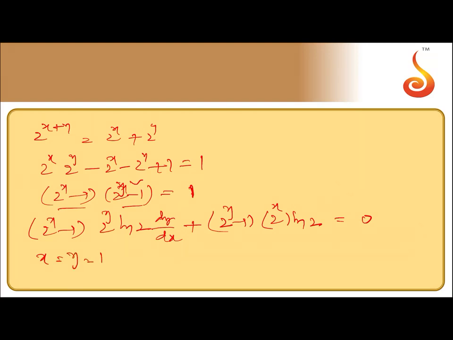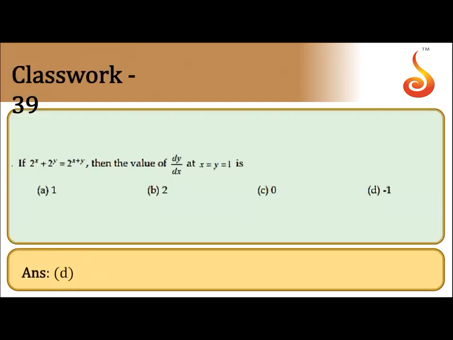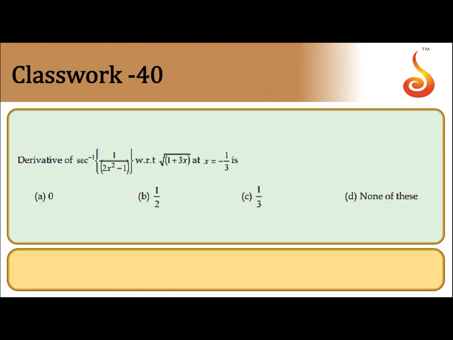By substituting x equals y equals 1, this will become 1 and this is 1, and thereby we get 2 log 2 into y dash plus 2 log 2 is equal to 0. Cancelling this, clearly you get y dash is equal to minus 1. Answer: y dash equals minus 1. So minus 1 is the answer.